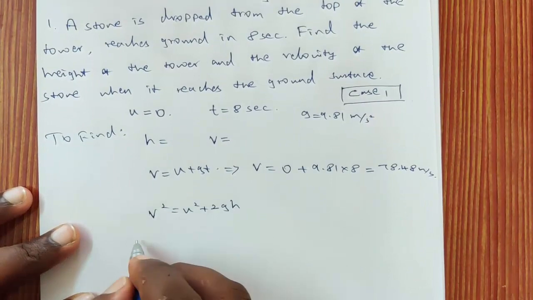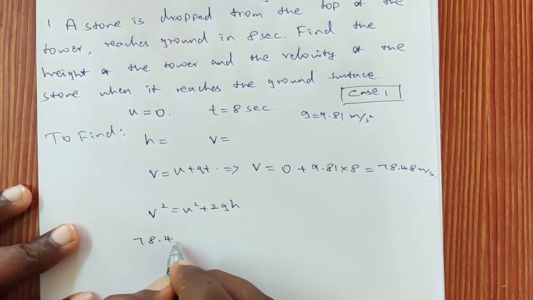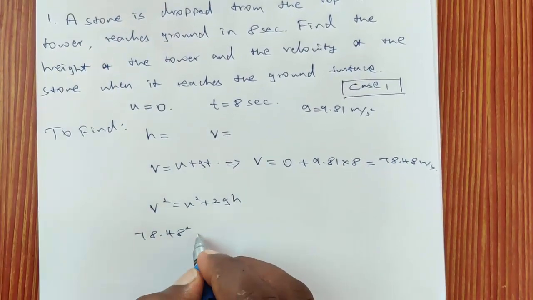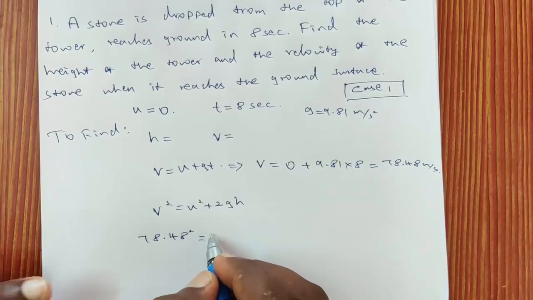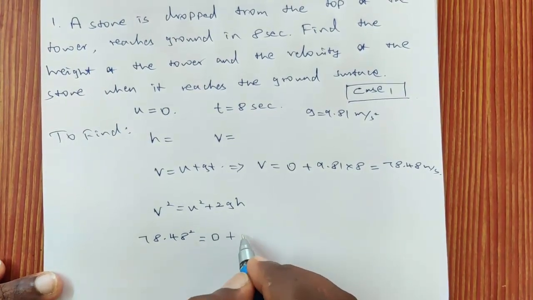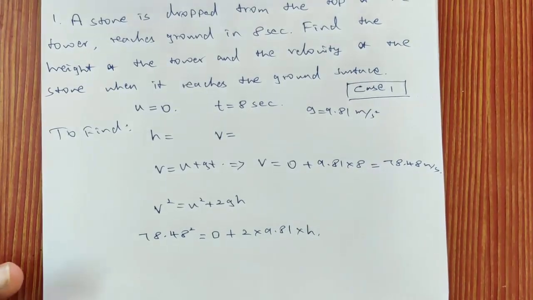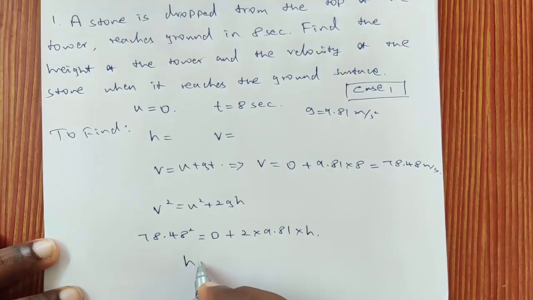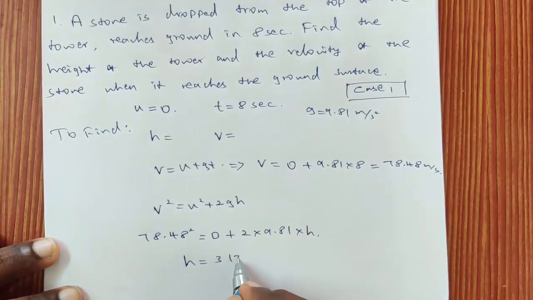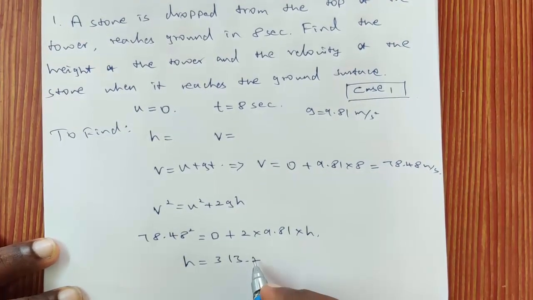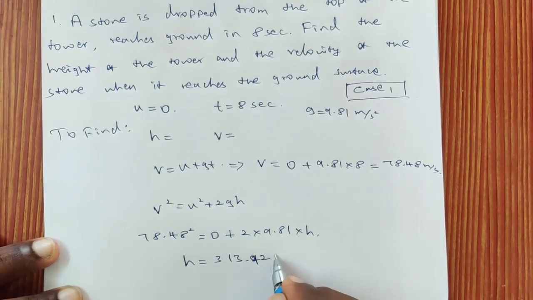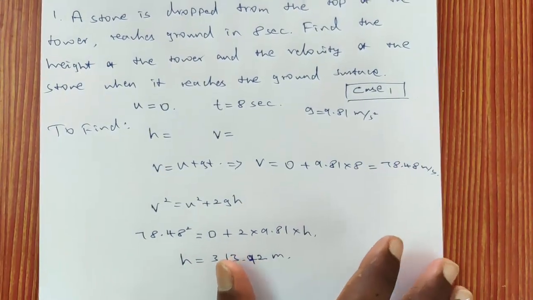The v we have already calculated, 78.48 square, is equal to u, which is 0, plus 2 into 9.81 into h. If you solve this equation, you will get h is equal to 313.92 meter.